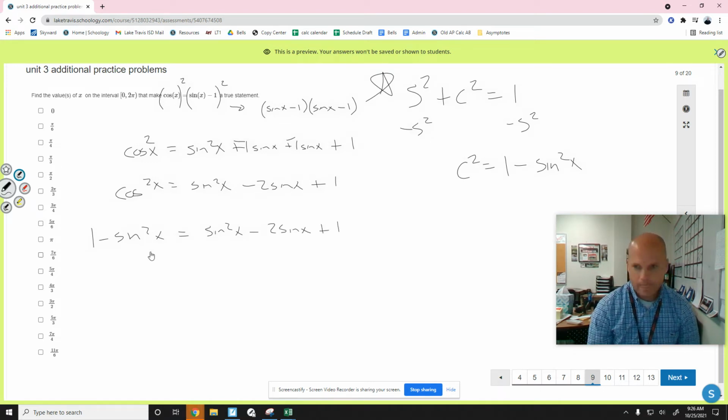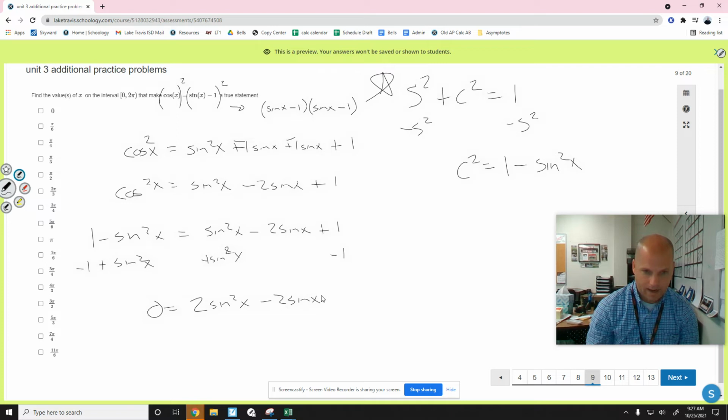Okay, now what do I do? Get everything onto one side. Let's try to factor. Subtract a 1, add a sine squared. Subtract my 1, add a sine squared. 0 equals 2 sine squared x minus 2 sine x. The 1s are gone.